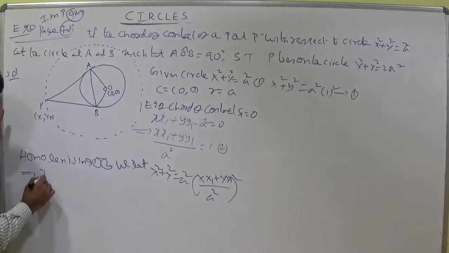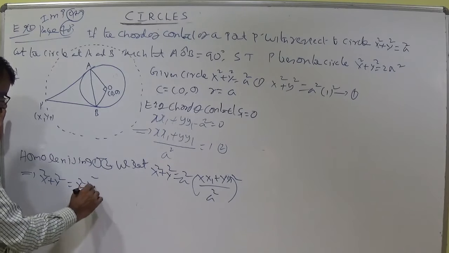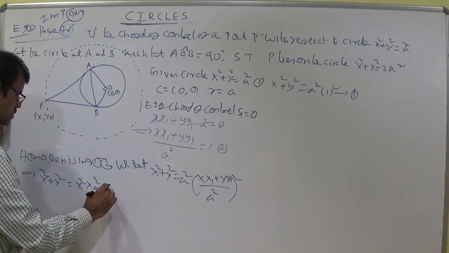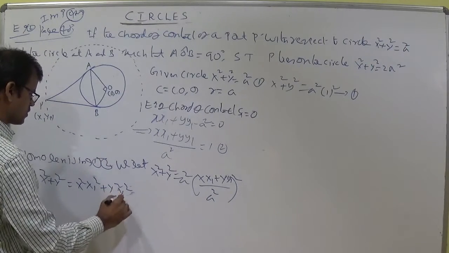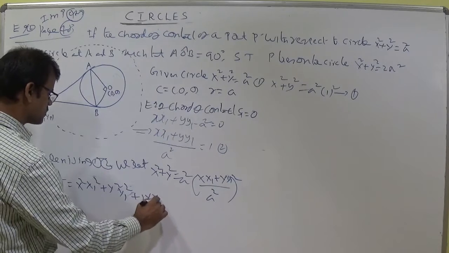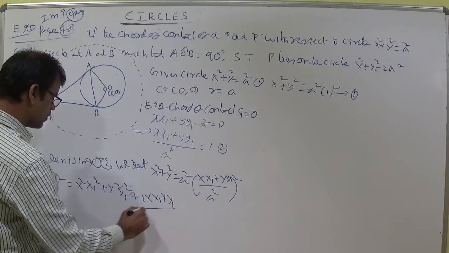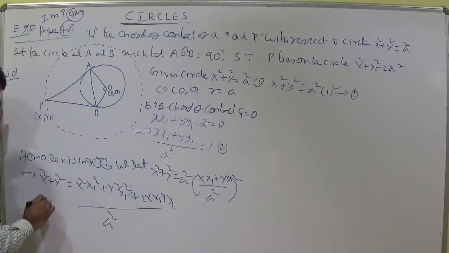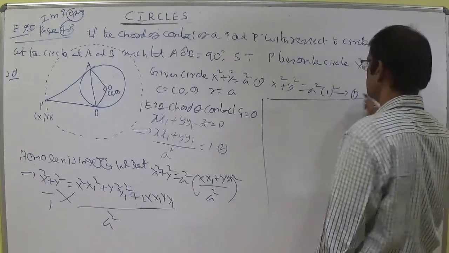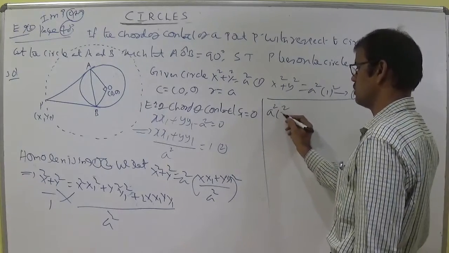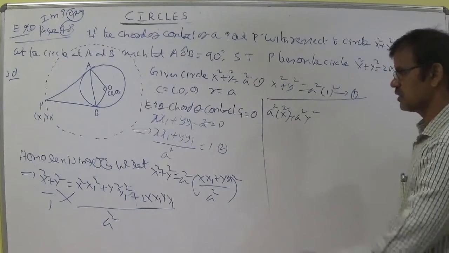That implies x square plus y square is equal to x square x1 square plus y square y1 square plus 2xx1yy1, whole by a square. By cross multiplication we get, directly I am writing, a square into x square plus a square into y square.